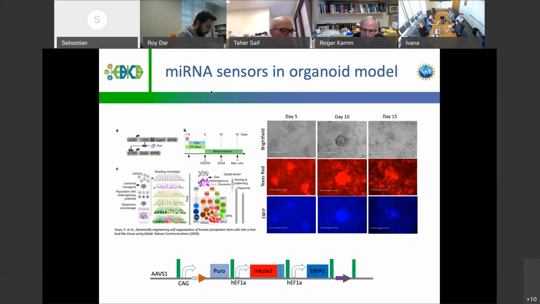We differentiated the cells in the same way, and we showed that after 2 weeks of differentiation and development, the cells still retain the microRNA sensor, which showed that the sensor was stable during differentiation. This is an important observation because in general, it's difficult to maintain long-term expression in stem cells, especially during long-term differentiation.